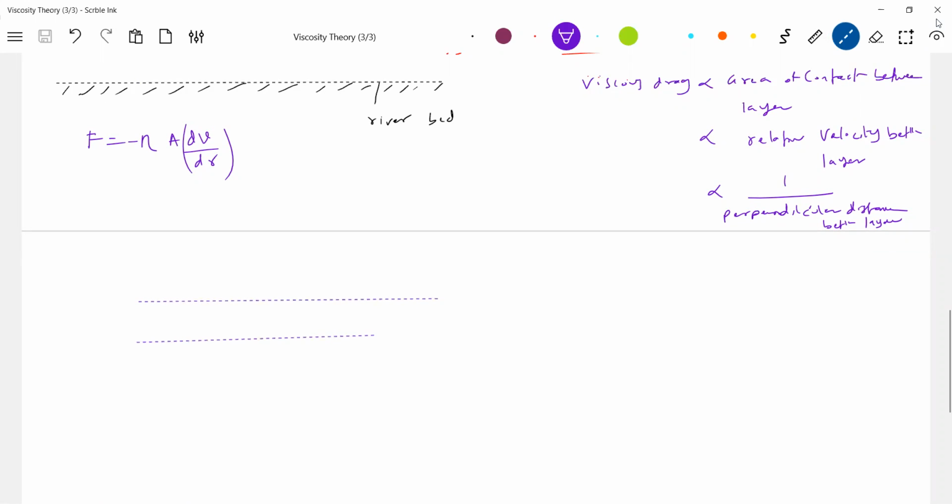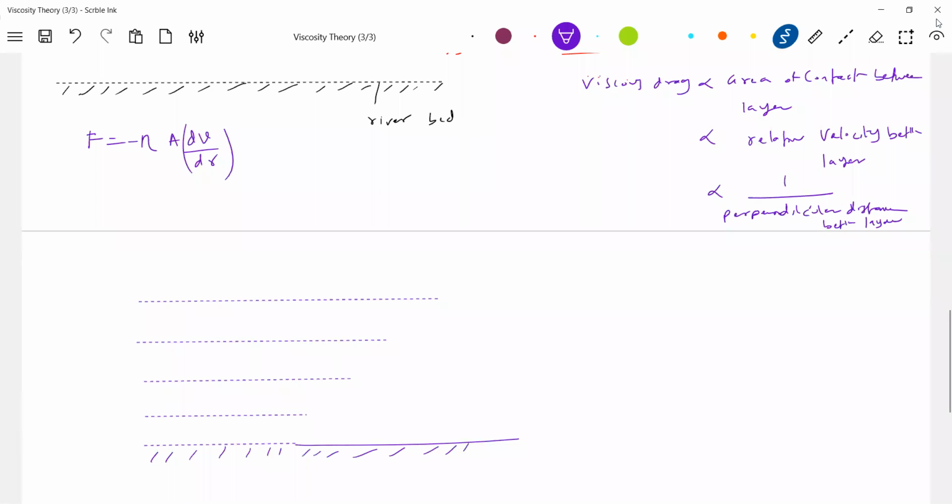Okay, this is called a velocity profile. So if this layer has a velocity, say, v plus delta v, and this one has a velocity v, and what is dr?